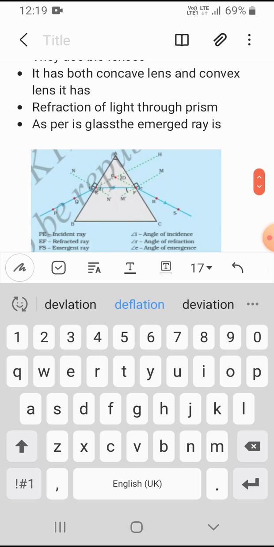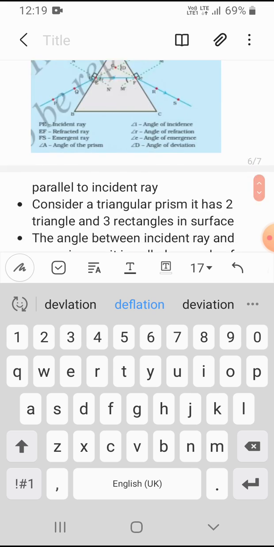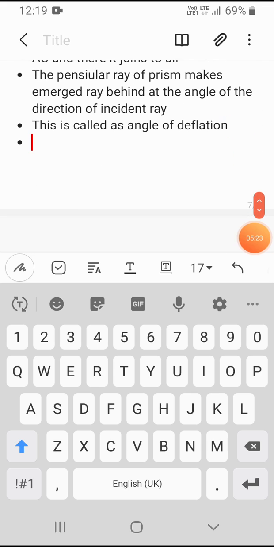Here E is the emerged ray and this is the incident ray. It is joining both of them, so that's why it is called the angle of deviation.